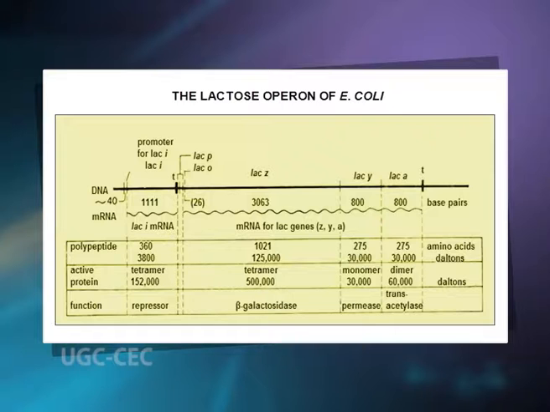And 3, LAC-A, consisting of 800 base pairs, codes for beta-galactoside transacetylase, an enzyme that transfers an acetyl group from acetyl coenzyme A to beta-galactosides.